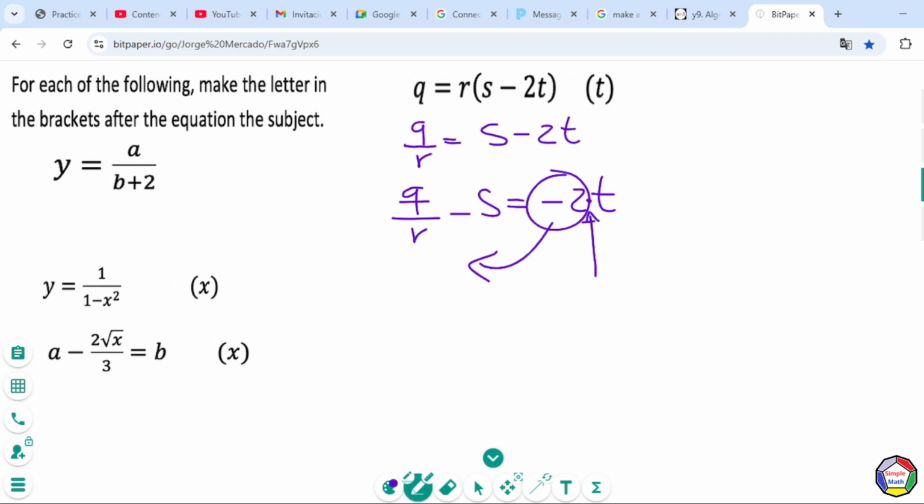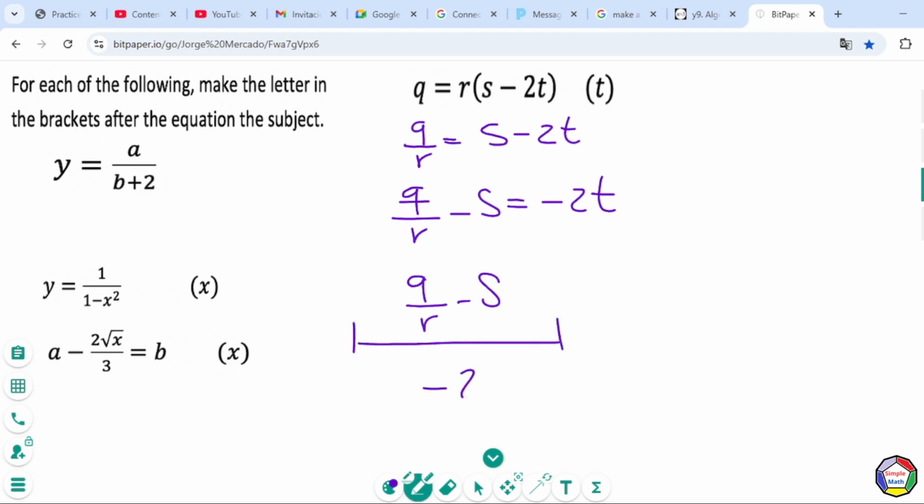So I will move the minus 2 to the other side, dividing, with the sign included, because the sign doesn't change. What we change is the multiplication into a division. So we have that q over r minus s, all over minus 2, is equal to t.